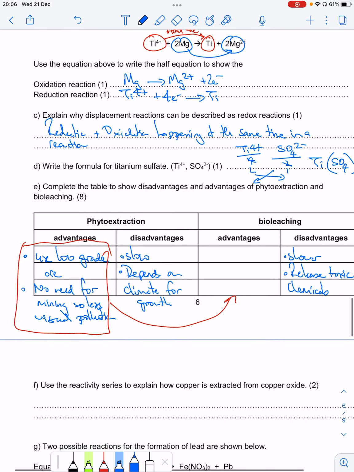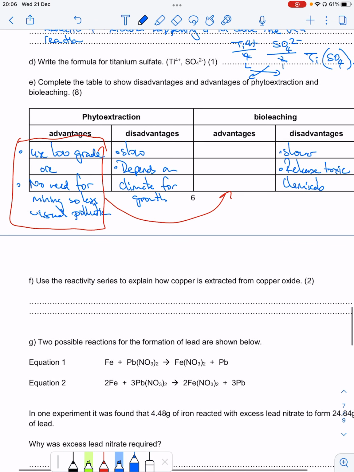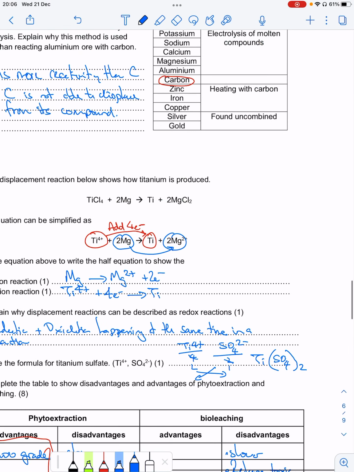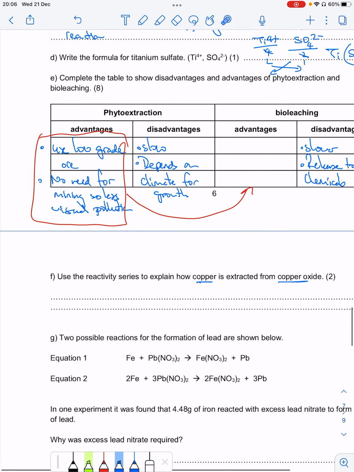And finally, the last couple, sorry, here: explain how we get copper from copper oxide. If we go back up a second to the reactivity series, I can see that copper is below carbon. So I'm going to use the fact that carbon is more reactive, and heat the copper oxide with this. I'm going to write the equation for that.